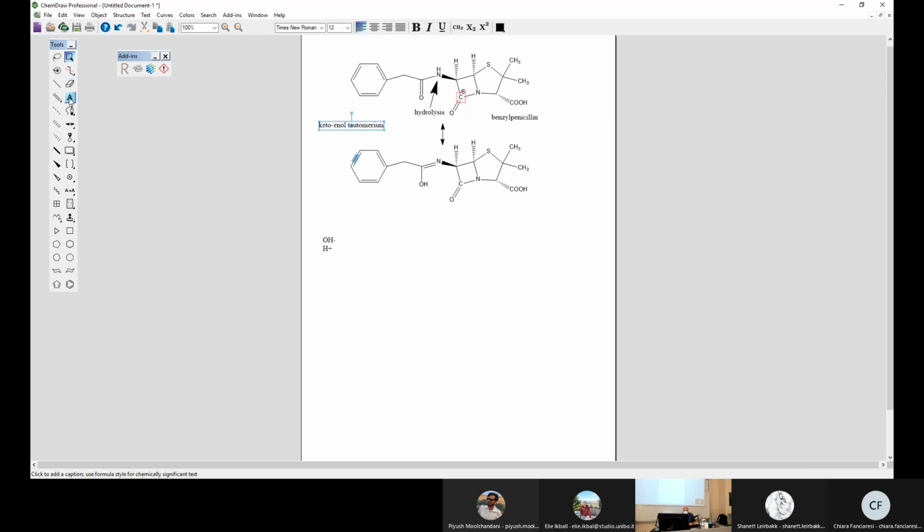At this point, you can treat this enol with a reagent able to transform the OH into a halogen.